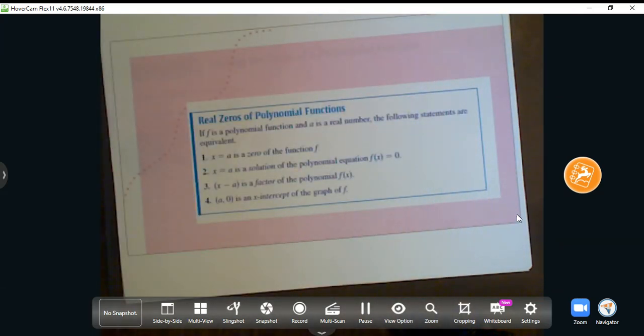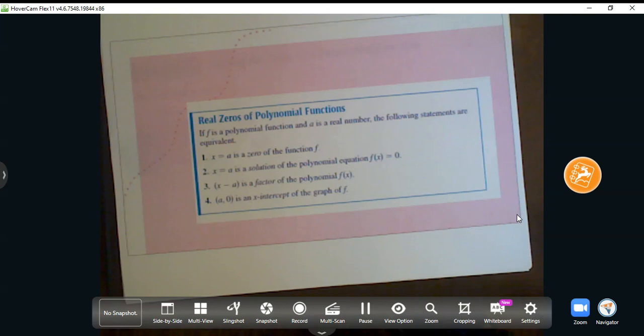All right, so looking at zeros, specifically real zeros of a polynomial. So it says, if f is a polynomial function and a is a real number, the following statements are equivalent. X equals a is a zero of the function f.